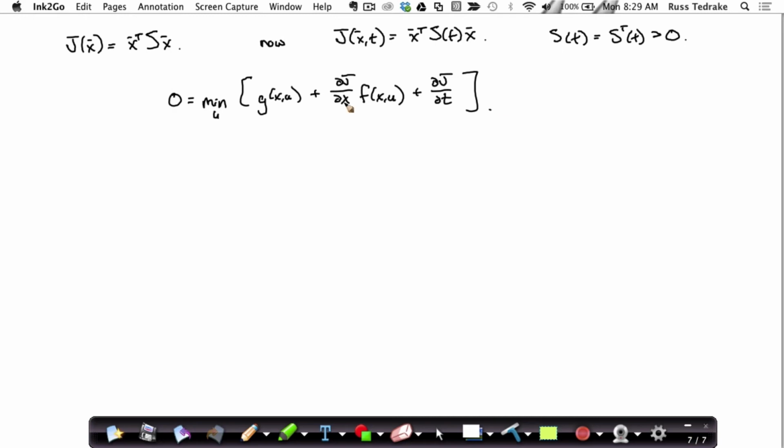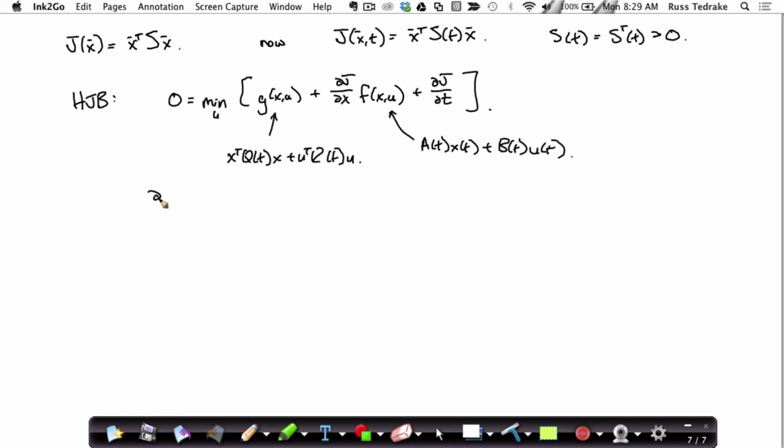This is the Hamilton-Jacobi-Bellman equation for the time varying case. Turns out if you pop in our cost function, you take the derivatives, we stick in A of t x of t plus B of t u of t. You'll do the same thing.